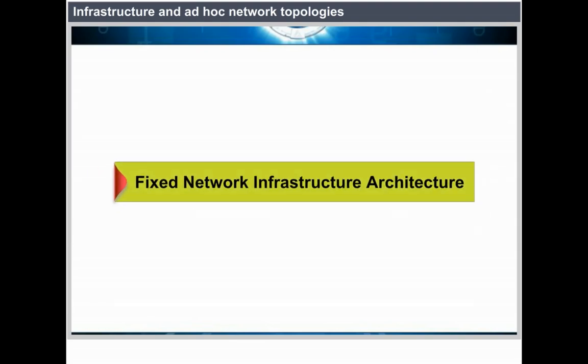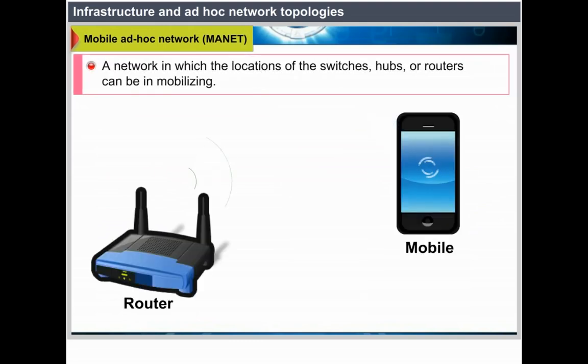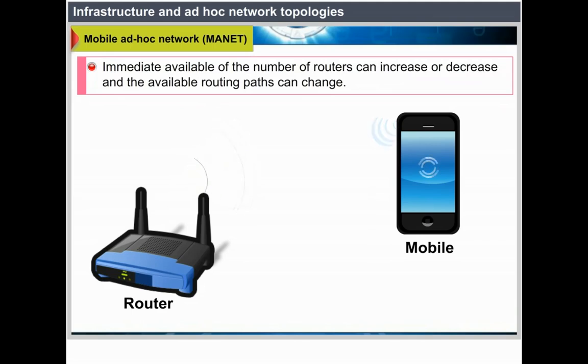Mobile ad hoc network (MANET). A network in which the locations of the switches, hubs or routers can be mobile. The number of routers available at an instant can increase or decrease, and the available routing paths can change.